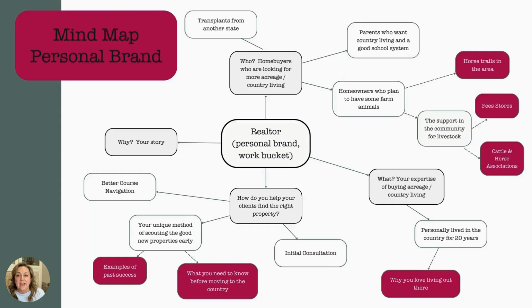Maybe a bucket out of that, what we're calling the tiny topics. In your mind map, your next level out is the support in the community for livestock. And maybe there are some great feed stores in the area, or an association. So these are the things in pink where your post content would actually come from.